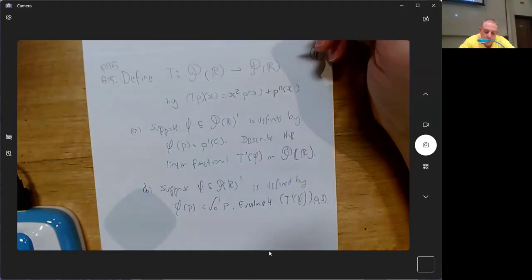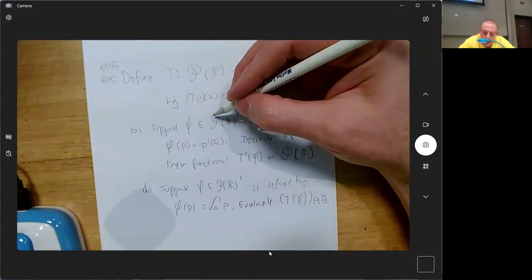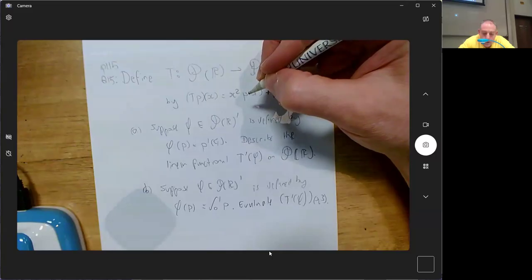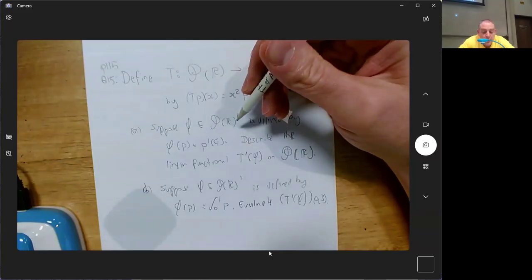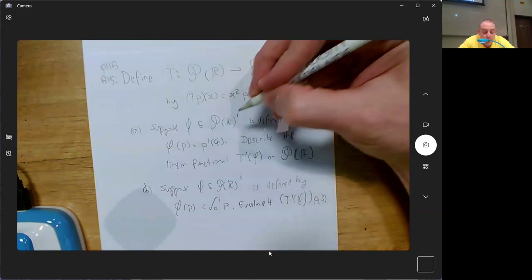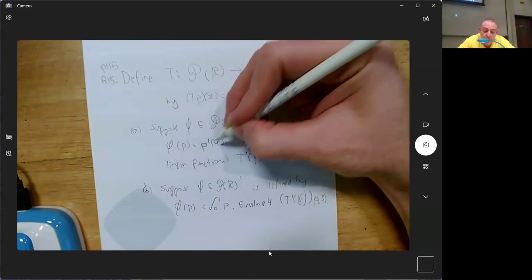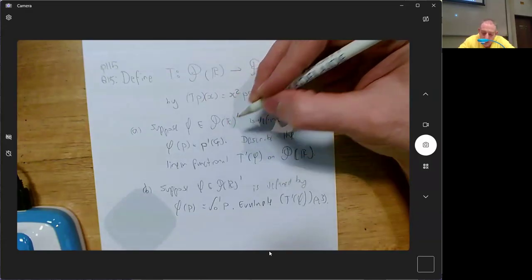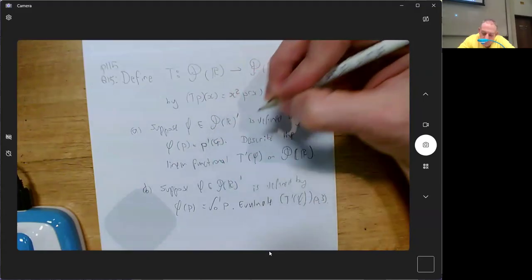Okay, suppose phi is in the polynomials over R dual, which is the linear functionals that go from polynomials to R, defined by phi of P is P dashed of 4. And yep, I wrote earlier that that is one of the kinds of linear functionals on polynomials, so we can definitely do that. Describe the linear functional T dash of phi.